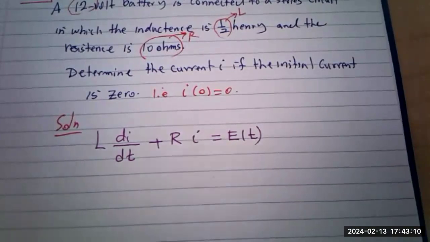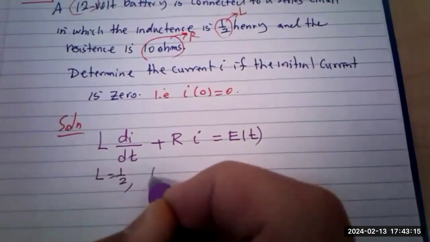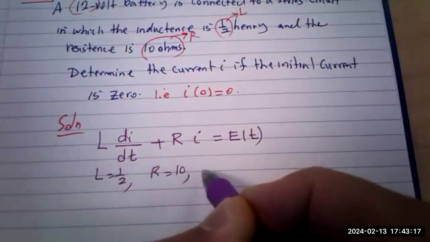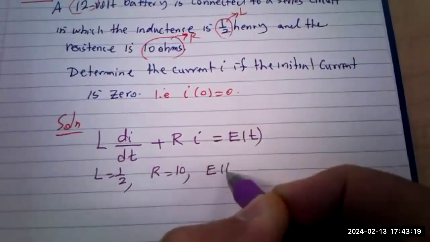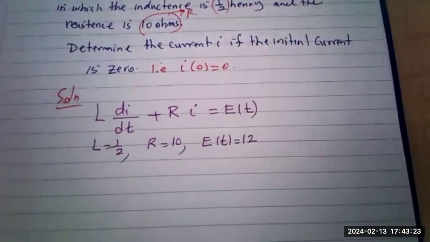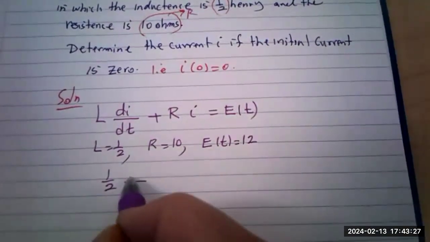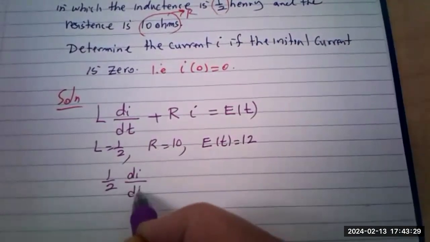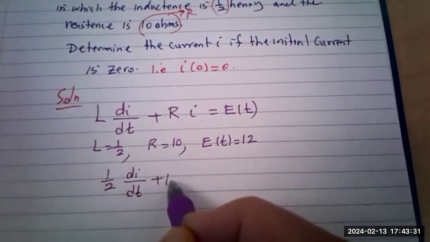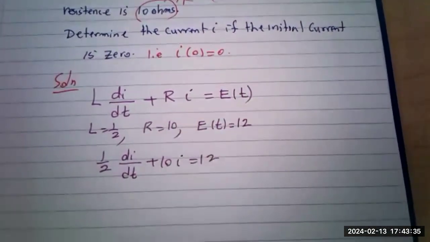Now substitute. Your L is 1/2, R is equal to 10, and your E of t, this is what I talked about, will be equal to 12. Substitute, so that gives you 1/2 di/dt plus 10 times I equal to 12. Easy equation to solve.